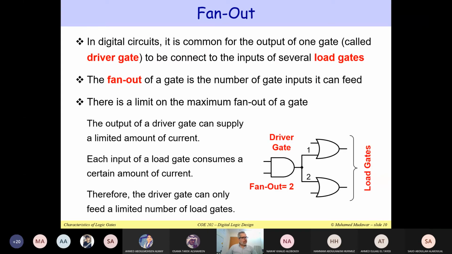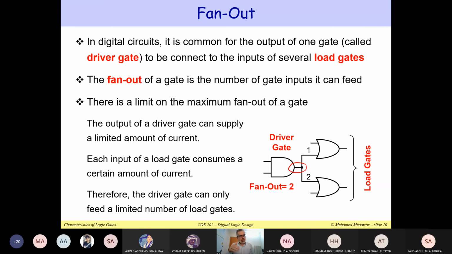We also have fan-out. What we have seen in the previous slide is fan-in, which is the number of inputs to a gate. What's the meaning of fan-out? Well, we look at the output of the gate. For fan in, we look at the number of inputs. In the case of fan out, you can see that the gate has one output here. Of course, it does not really have multiple outputs. This is an AND gate.